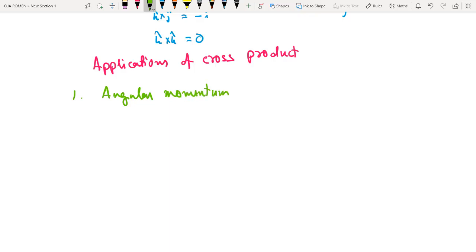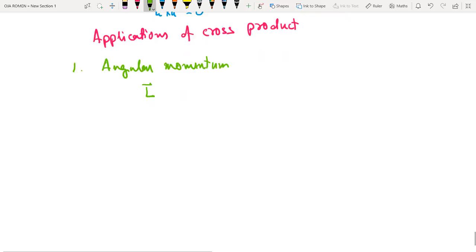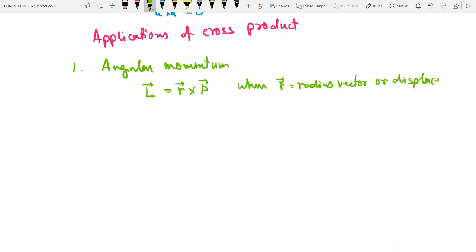Now angular momentum L is defined as R cross P, where R is radius vector or displacement, and P is linear momentum.